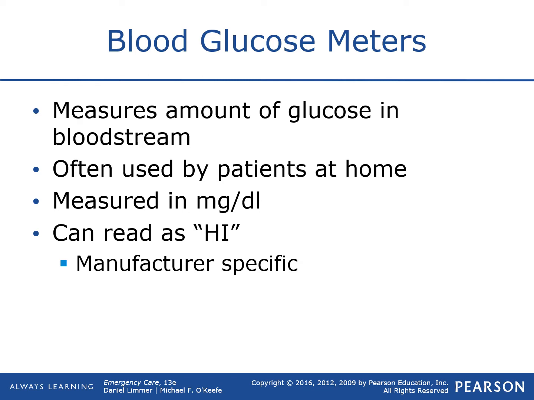You just know it's above this level. So that's why it's very important that we know what brand meter you use and what the capacity of it is. So when it says high, you know it's above this level because of this meter. Again, that can change based off what meter you have. So that's something you have to find out with your own individual agency.